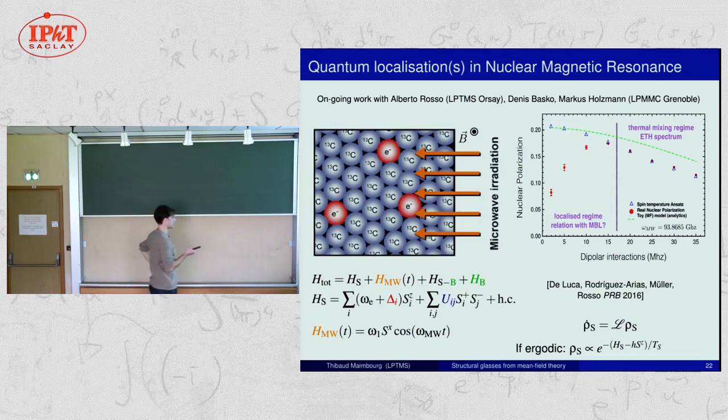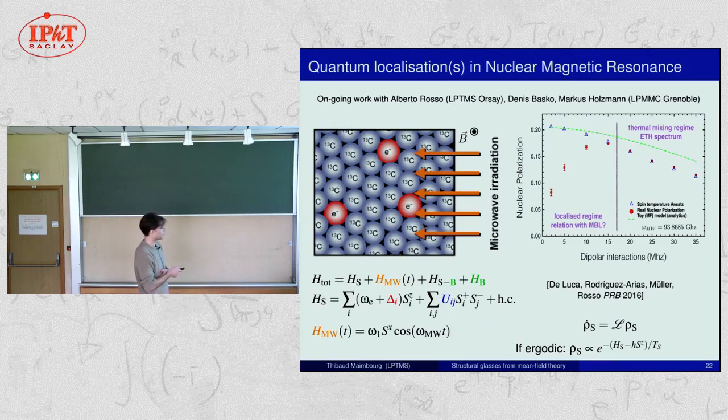The important thing I want to emphasize is that in this kind of system, the electronic system is the most dominant one. It's nuclear magnetic resonance, so you put a strong magnetic field, and you also irradiate your compound with microwaves. The spins have a very large Zeeman gap, but because they are embedded in some kind of glassy matrix, they also have a disordered field.